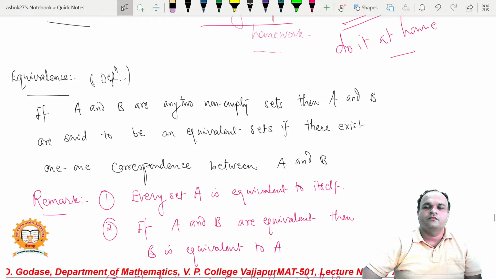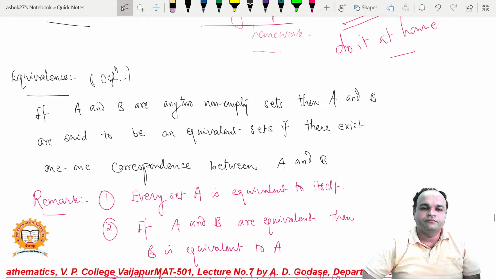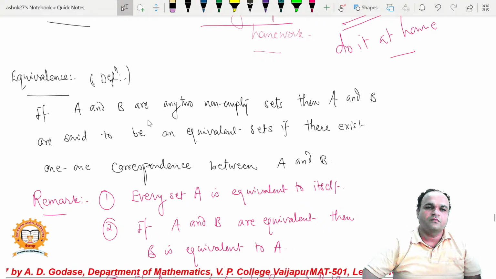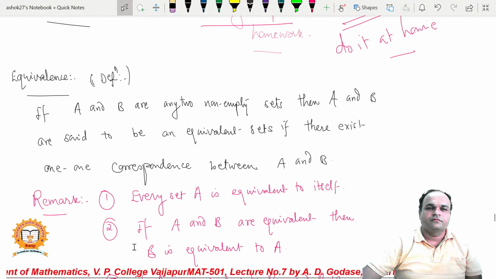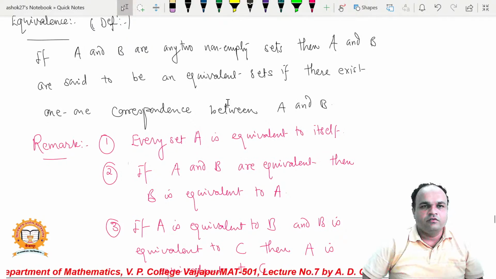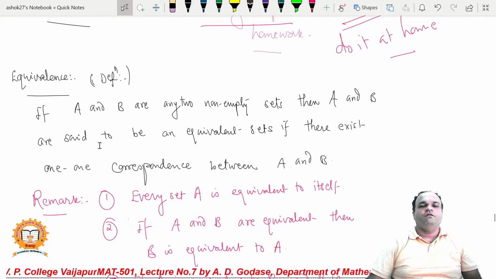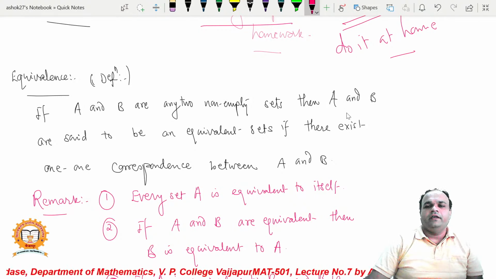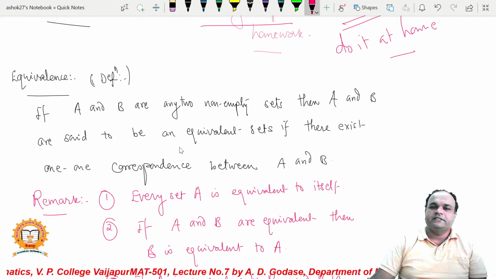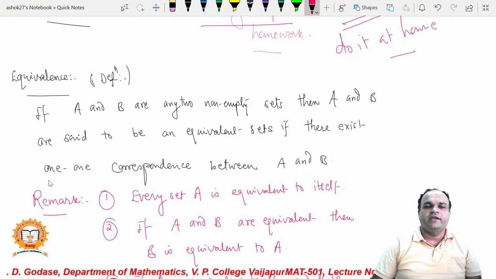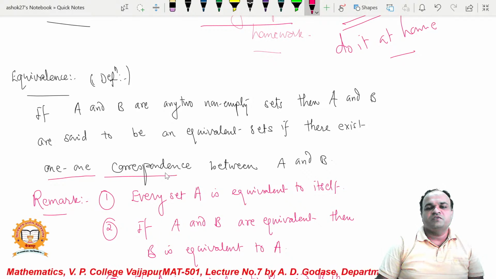What is the definition of equivalence? If A and B are any two non-empty sets, then sets A and B are said to be equivalent sets if there exists a one correspondence between A and B. So there should exist a one correspondence between A and B.